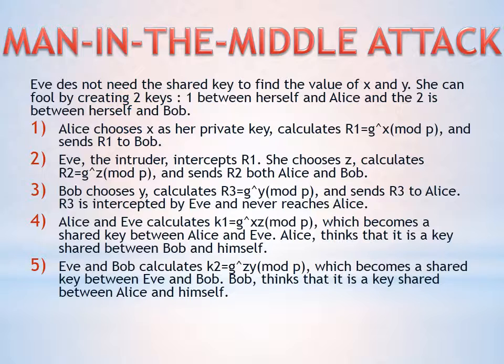In the same manner, Eve and Bob will calculate K2, which will be equal to g raised to the power zy mod p, which becomes a shared secret key between Eve and Bob. And Bob will also think that it is a shared secret key between Elias and Bob, but actually it is a key between Bob and Eve. So in this manner, the third party, which is Eve in our example, can fool the two parties.